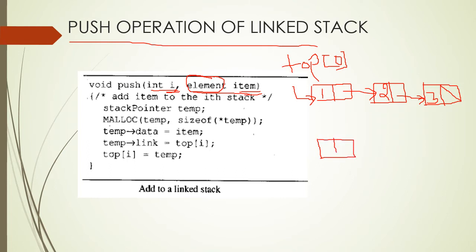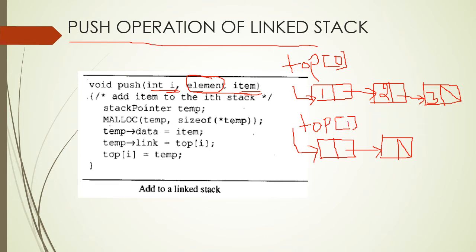And another stack with two nodes, where the link field of the last node is null. This is pointed to by top of 1. You have two stacks in the memory.